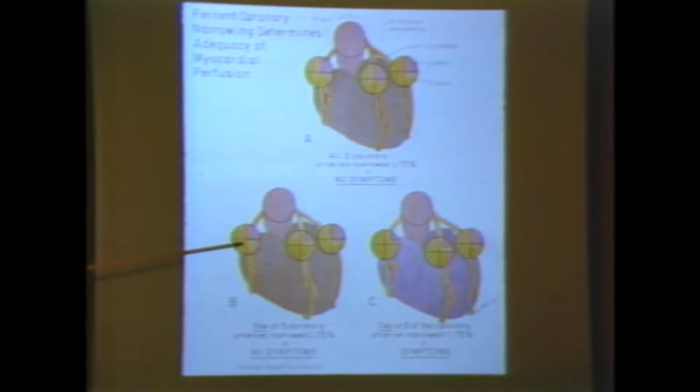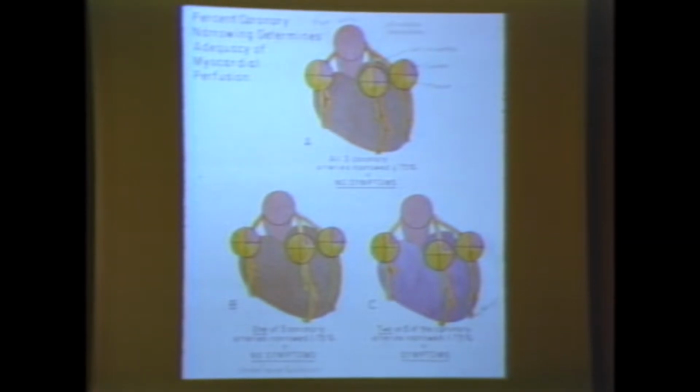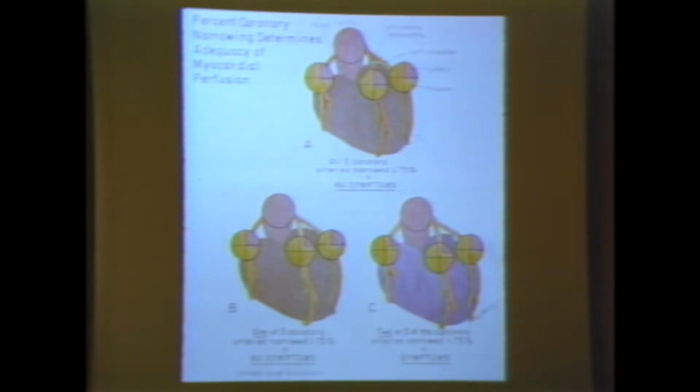If we just look at the 3 major arteries, the right, the left anterior descending, and left circumflex, most patients with at least fatal disease have at least 2 of these 3 arteries, any 2, narrowed greater than 75%. It's relatively infrequent to see a patient, at least with fatal coronary disease, with only 1 artery so narrowed.